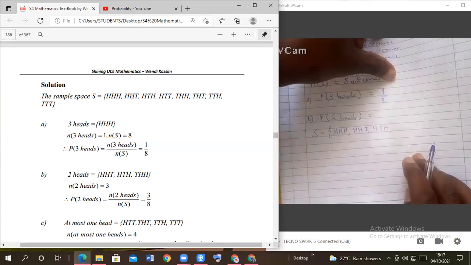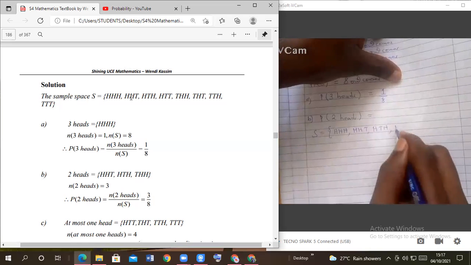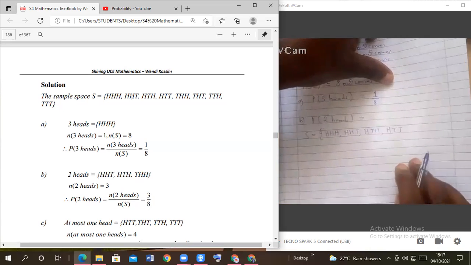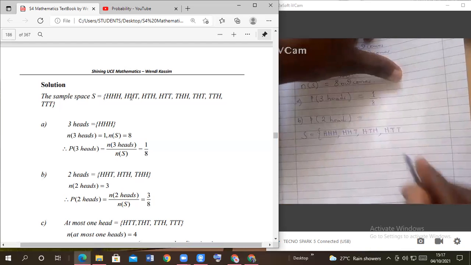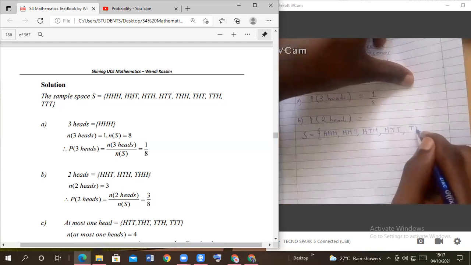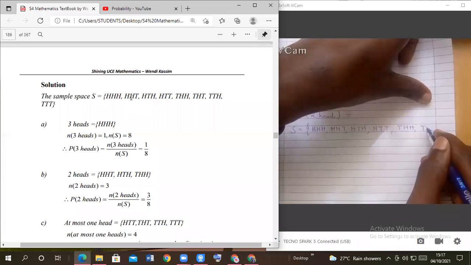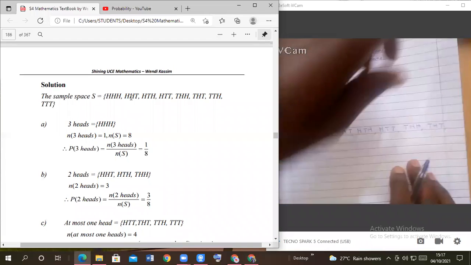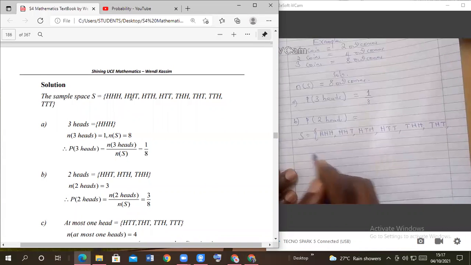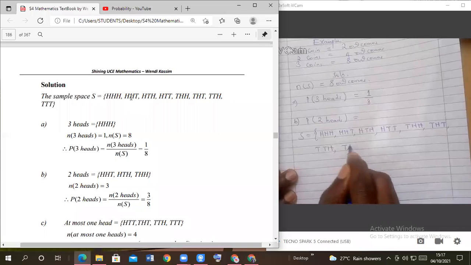Is there any other option there? Tail. You can have head, tail. Tail, head. You can have tail, head, tail. Or you can have tail, tail.